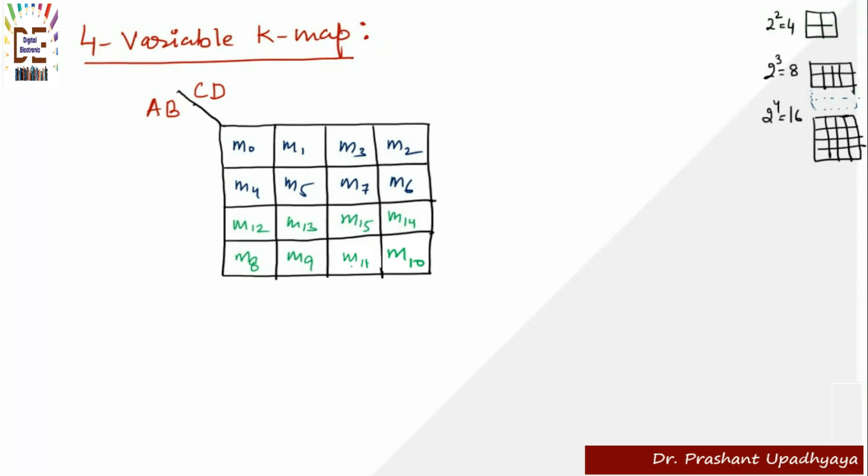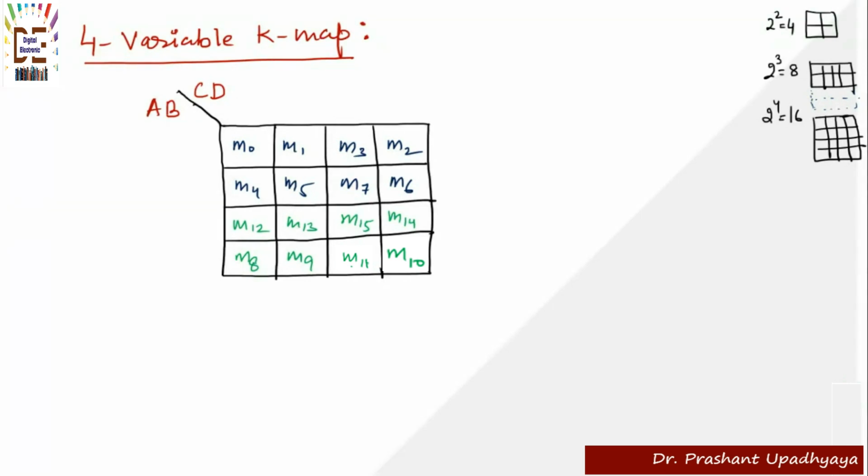So in this way we represent 0 to 7, and then from the lower one 8 to 15. Got it? We have just folded it. This is my hand, I have just folded it.